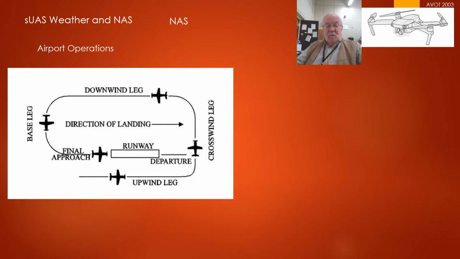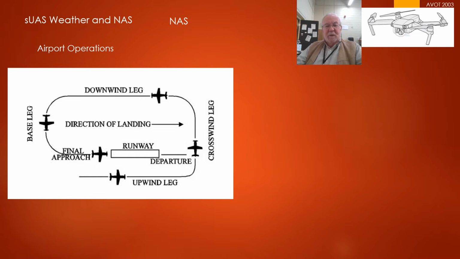Why do we need to know the names of these traffic pattern locations? For practical reasons, of course. When we're operating near an airport, especially a pilot-controlled airport or an uncontrolled airport, we're trying to maintain situational awareness of where the manned aircraft are, because the rule is we're not allowed to interfere with manned aircraft. So we need to know where they are, otherwise we won't know how to avoid them.